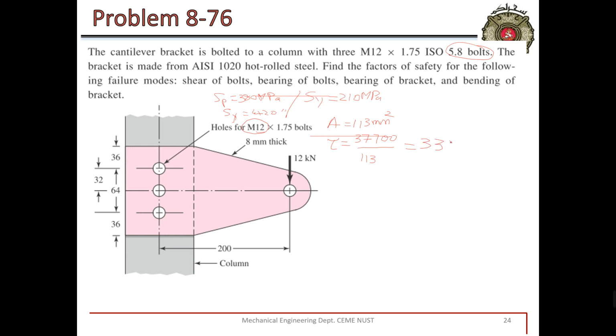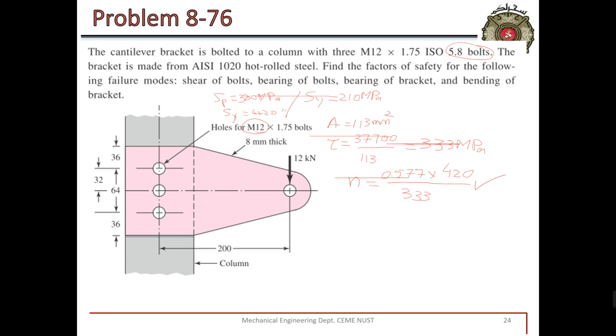Maximum stress on the bolt is 333 MPa. And to calculate the factor of safety, we have the strength, which is equal to 0.577, because we need to calculate the shear strength, multiplied by 420 normal yielding divided by this 333, which will give us the factor of safety against shear in the bolts.